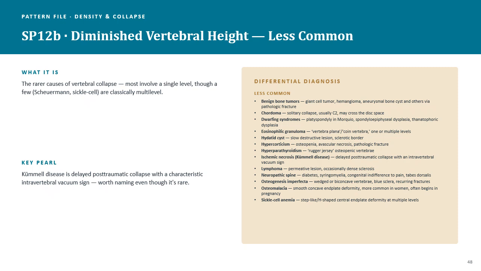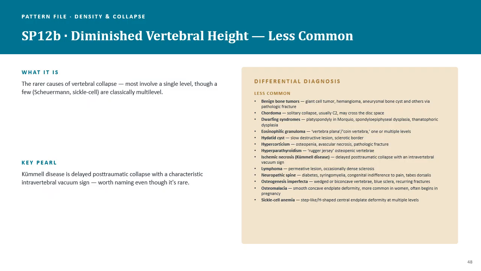We can also see a collapse when the patient has some sort of benign bone tumor. It will potentially weaken the vertebrae enough to cause what we call a pathologic fracture, meaning the bone broke because it was already weakened by the disease process within the patient.